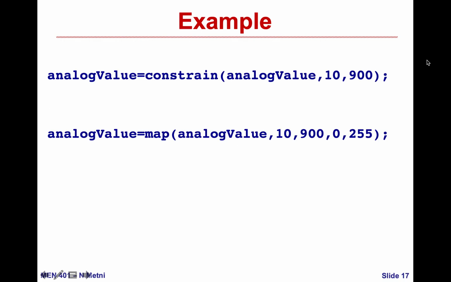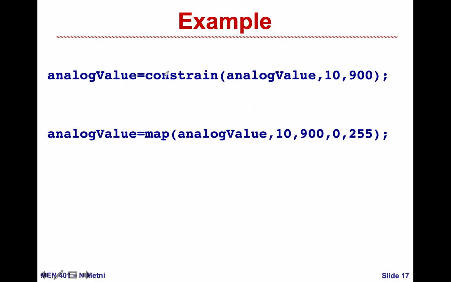Take this example. Here I am reading my analog value, maybe from an analogRead function. It comes from a sensor and it is 0 to 1023. But I am sure that what is interesting for me is the values of the sensor corresponding to output between 10 and 900.